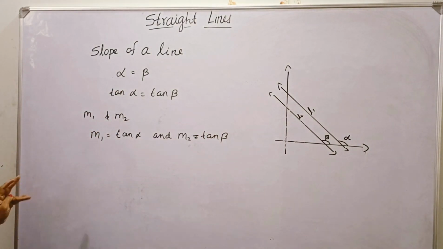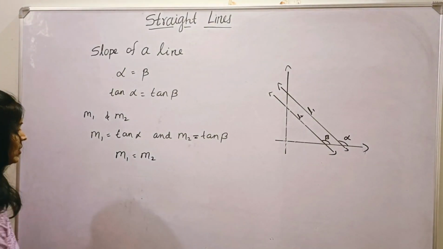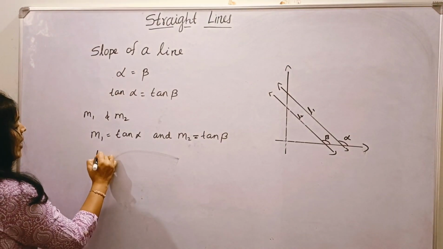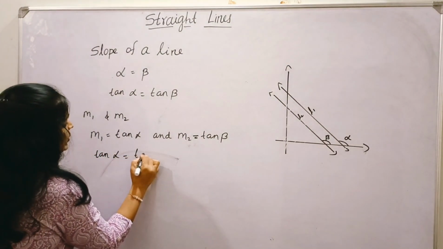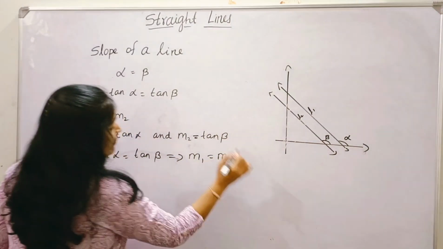Since tan alpha is equal to tan beta, m1 is equal to m2. So we can write tan alpha is equal to tan beta, which implies m1 is equal to m2.